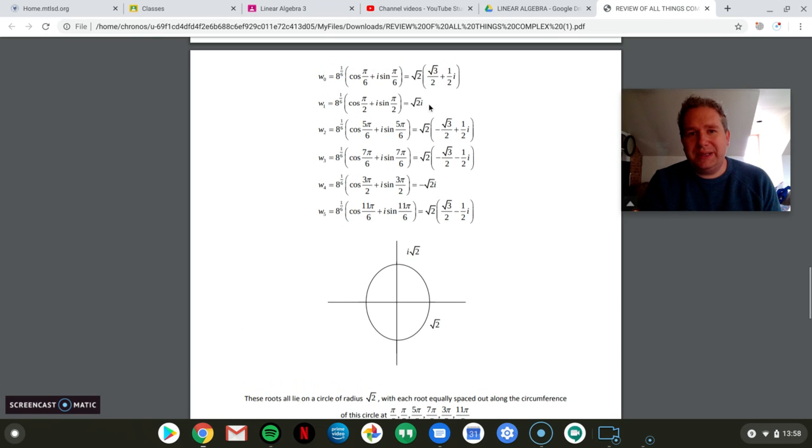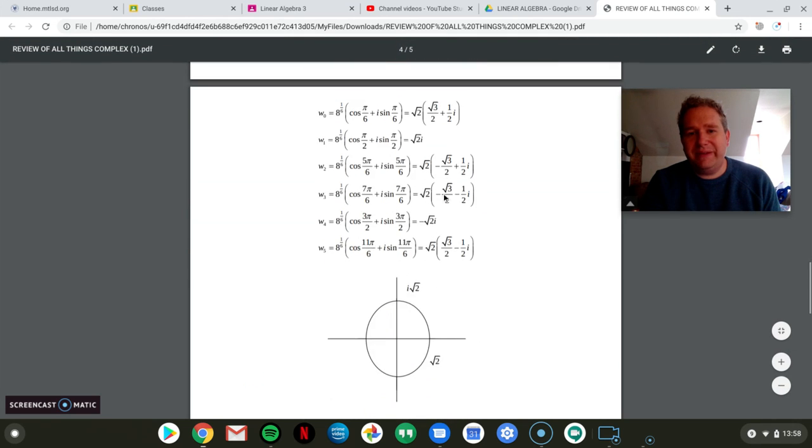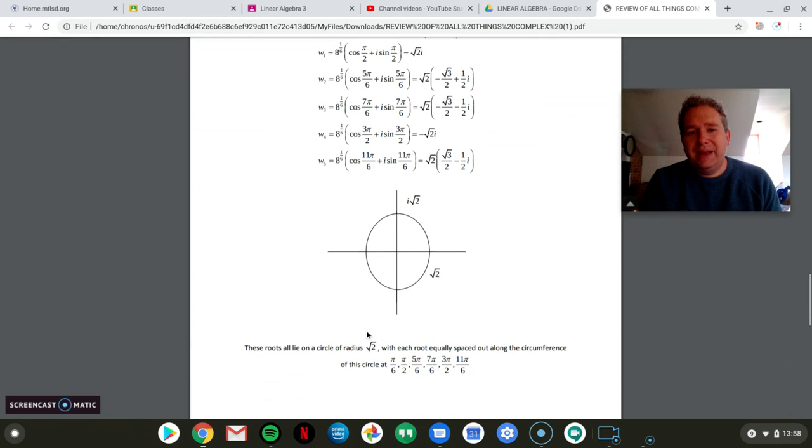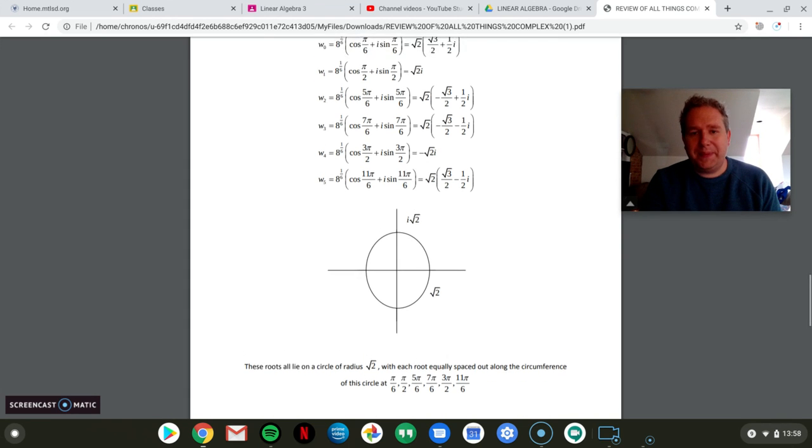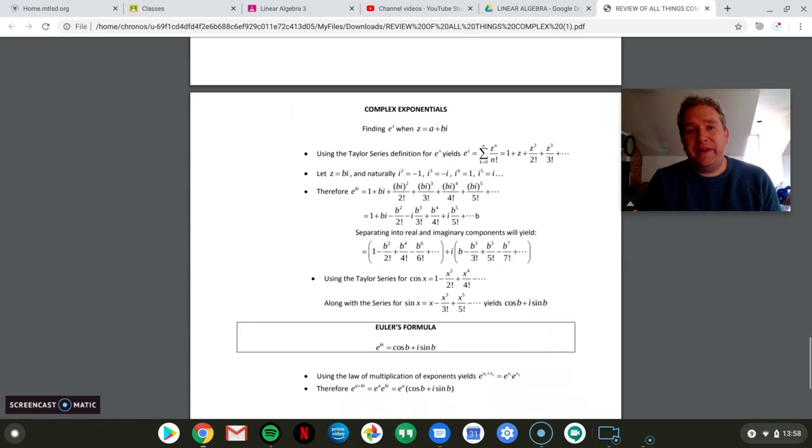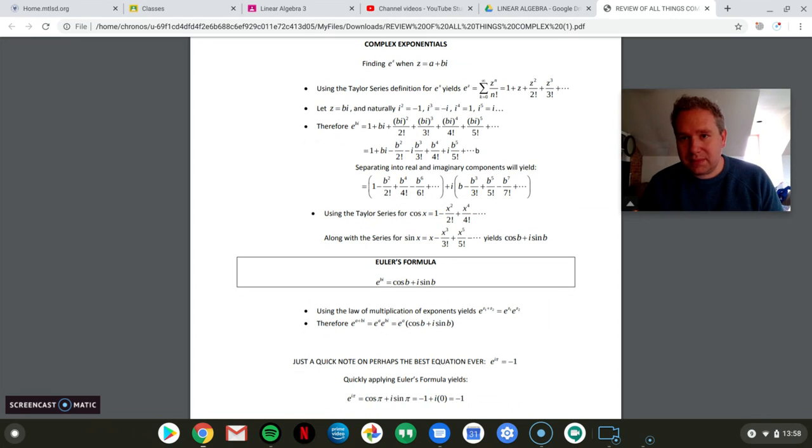That's really the trick to getting the angles if you don't want to plug everything into the formula every time. Just figure out how it's spaced out. There are 6 of them, so they're evenly spaced. Okay, so that is how you find roots of a complex number or any number.